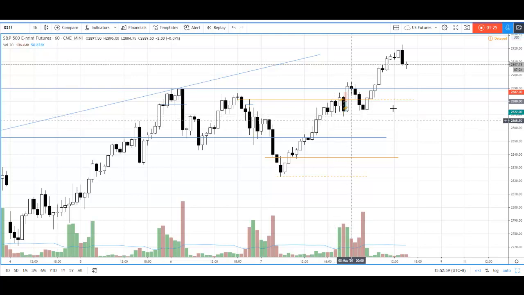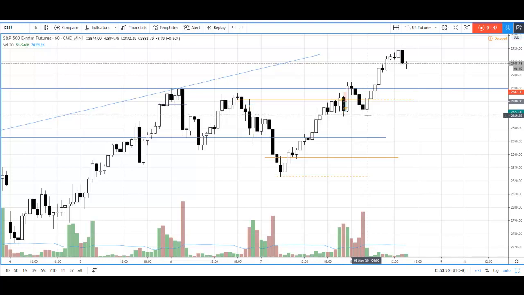We had another attempt to break above the resistance zone, but it also failed. But the failure didn't really attract a lot of supply, and we were still able to defend at this level, 2870. So two attempts, but we just don't get anywhere.